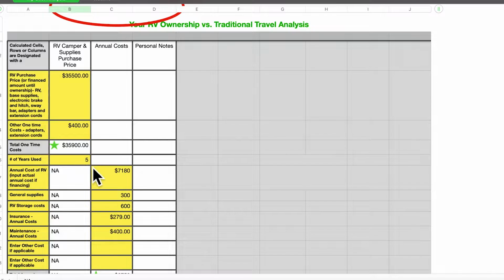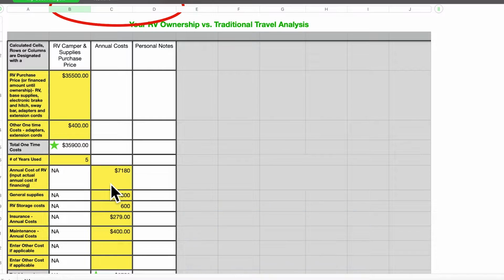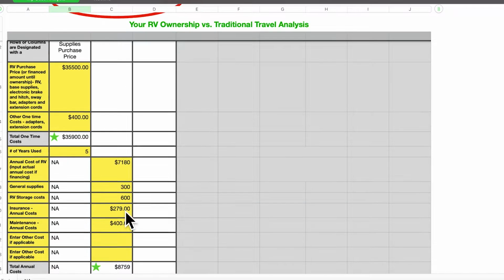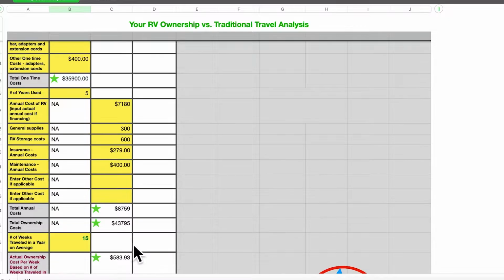So how many years do we think we'll be using this RV to come up with our annual cost? In this case, $35,900 divided by 5 gives us an annual cost of $7,180, to which we'll add annual fees such as general supplies, RV storage, insurance, maintenance, and there may be even a couple of categories that you need to add in your own analysis to come up with a total annual cost for the RV.